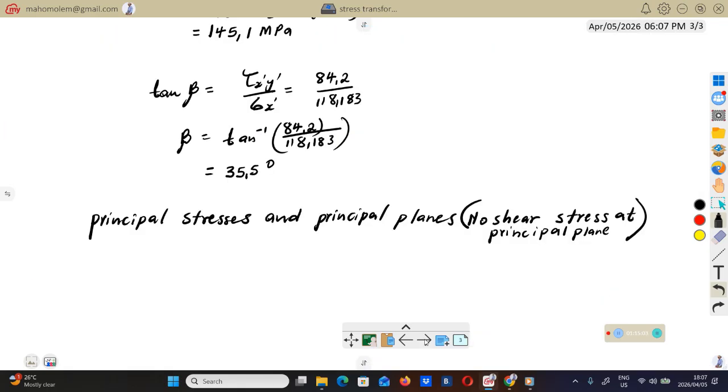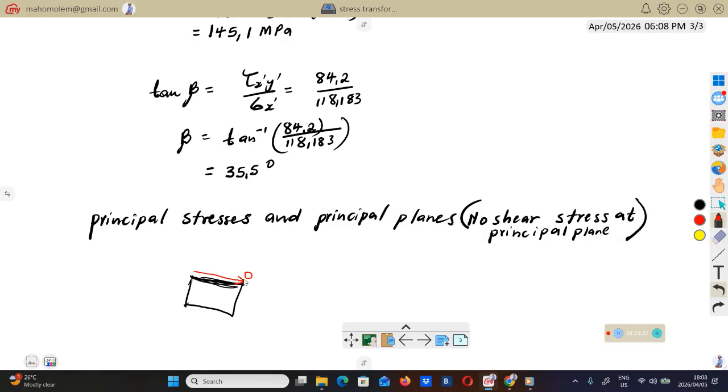Remember, when we are talking about the principal stress, or let's say principal plane, we are talking about the plane where there is no shear stress. So if it happens that on this y plane the shear stress is 0, then we're going to call this plane a principal plane. Why? Because there is no shear stress.